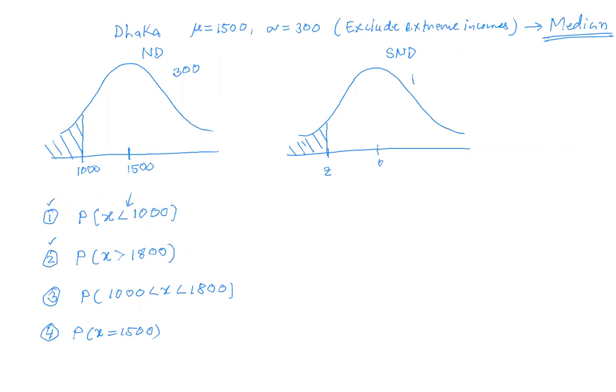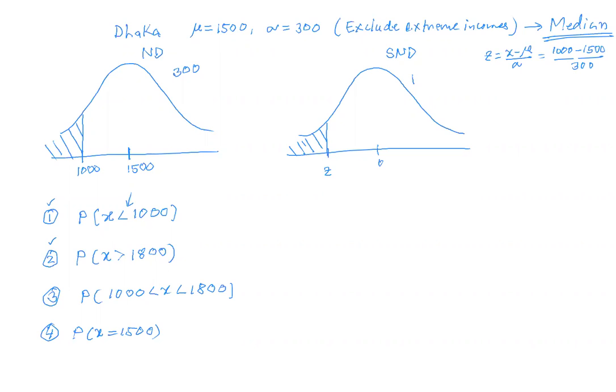Now we need to find the z value, which is easy. Z is equal to x minus mu over sigma, which is 1000 minus 1500 divided by 300.